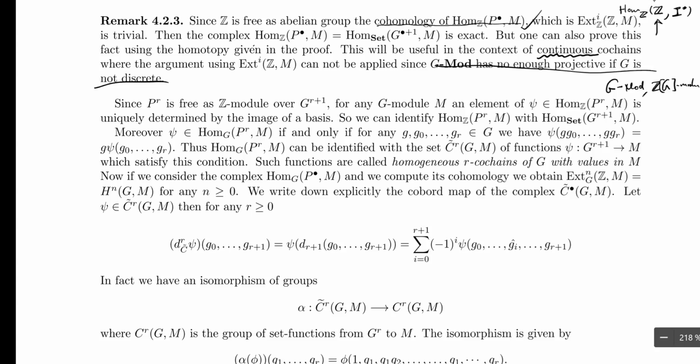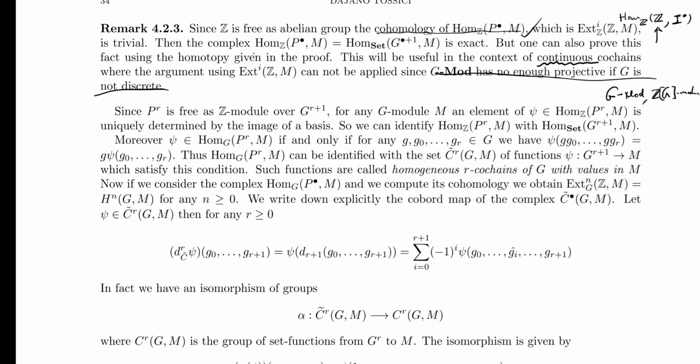And the argument like this, choosing P_R as a projective resolution of Z, and then computing group cohomology with G, doesn't work.